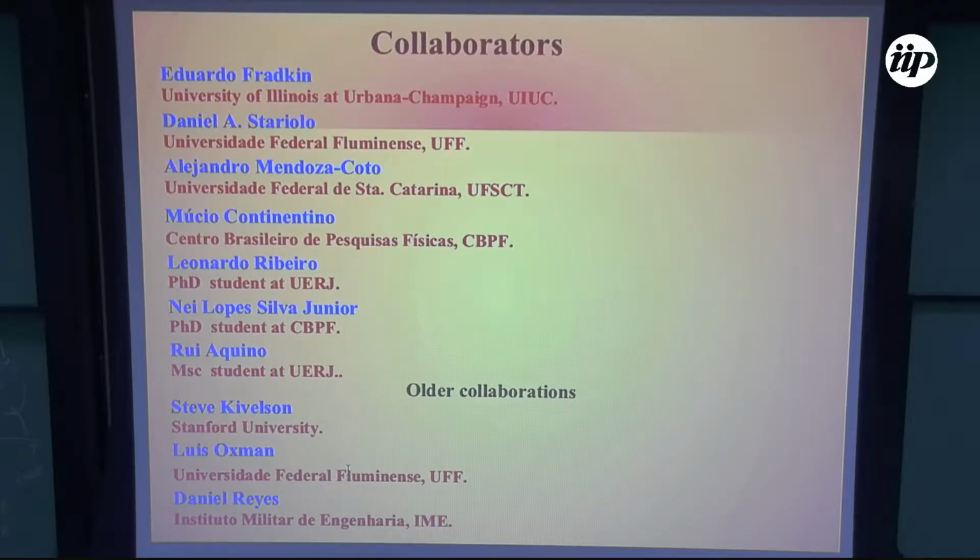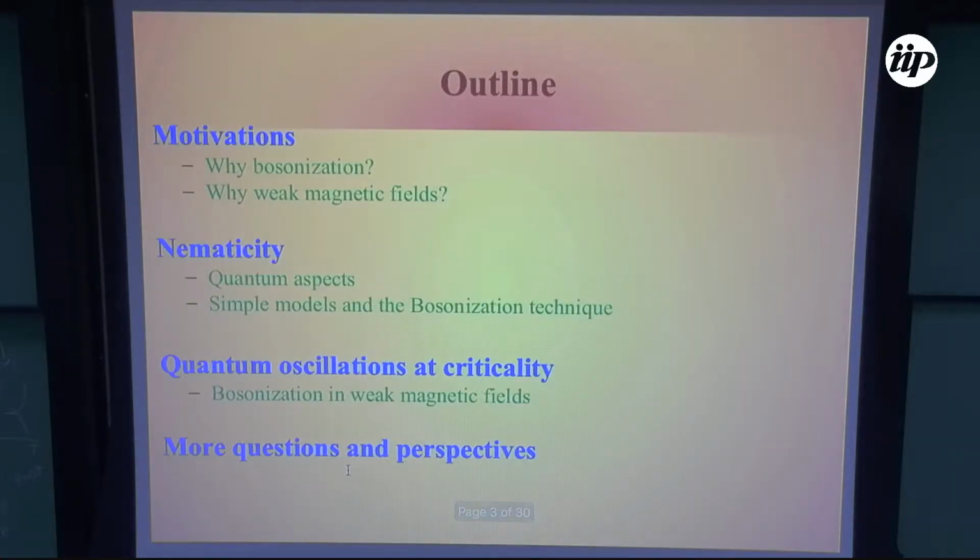I would like to talk about a very recent work that we've done in collaboration with Eduardo Fradkin and Leonardo Ribeiro. But in fact, it's quite technical work, so I would like to spend most of my talk on the motivations: why we decided to do this work, why to use bosonization and why to try weak magnetic fields. I will try to show what weak means.